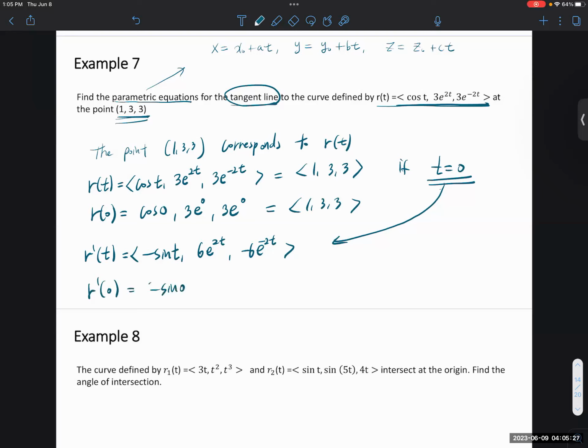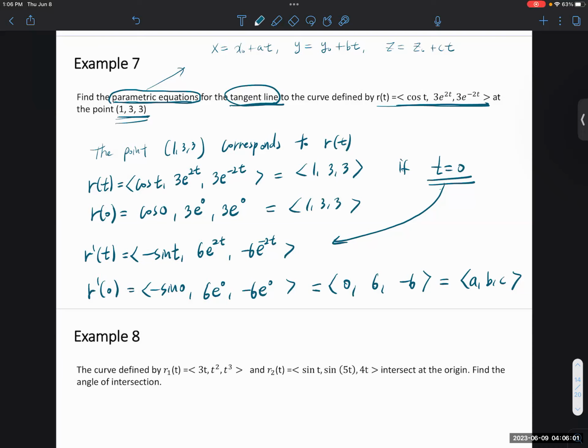Negative sine 0, 6e to the 0, negative 6e to the 0, which is 0, 6, negative 6. So we have pretty much all the information. We are looking for the parametric equation. 0, 6, and negative 6 is the vector we just got from the tangent line. So this is A, B, C, the vector on the tangent line.